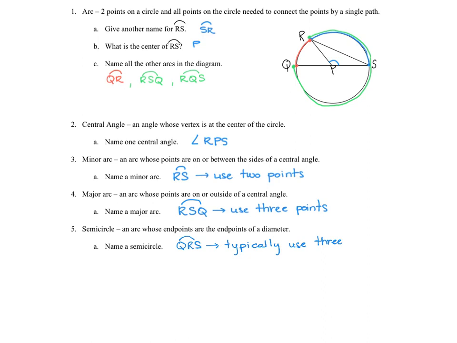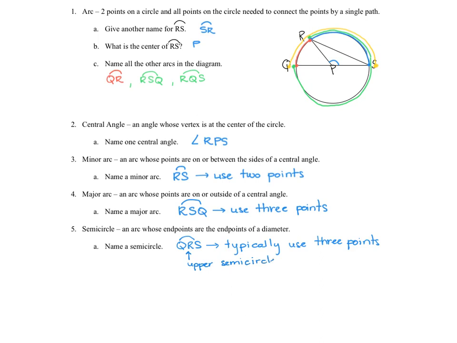So arc QRS means we're starting at Q, going through R, and stopping at S, which clearly indicates we're talking about the upper semicircle.